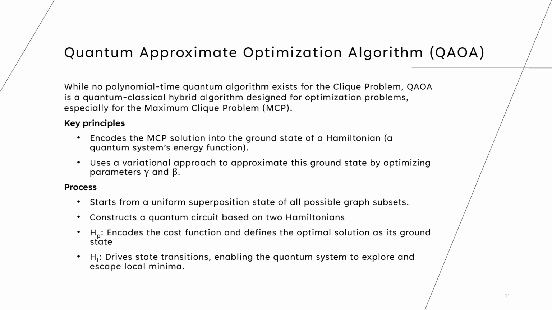The solution to the MCP is encoded into the ground state of a Hamiltonian, which is essentially the energy function of the quantum system, and parameters gamma and beta are optimized to approximate the ground state of this Hamiltonian, which guides the quantum system toward the optimal solution.